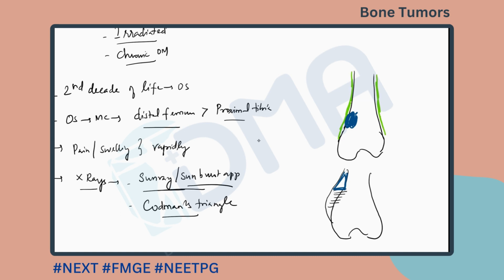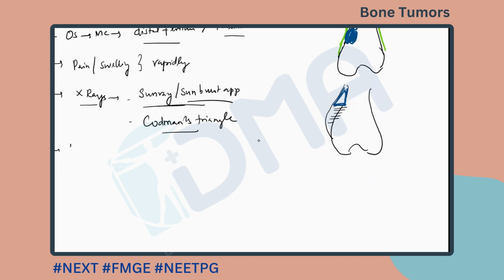Sunray appearance or sunburst appearance or Codman triangles are seen in osteosarcoma, which is a malignant tumor of the bone. Okay. Now you can also take an MRI to diagnose osteosarcoma and to identify the extent of the disease. How much it has spread to the surrounding, you can diagnose that with MRI. Always tissue diagnosis, that is histopathological diagnosis, is the gold standard to confirm a tumor.